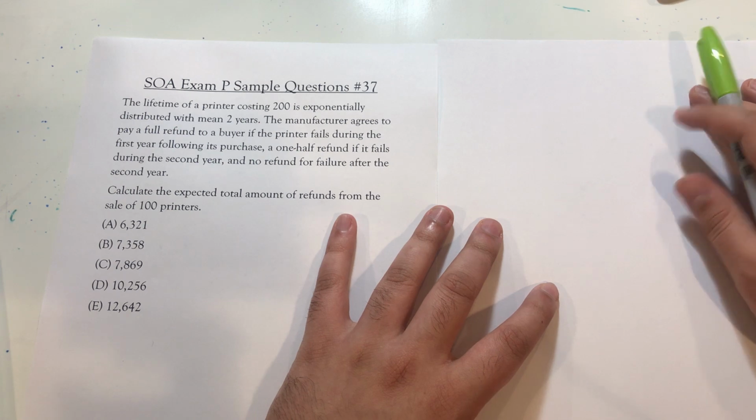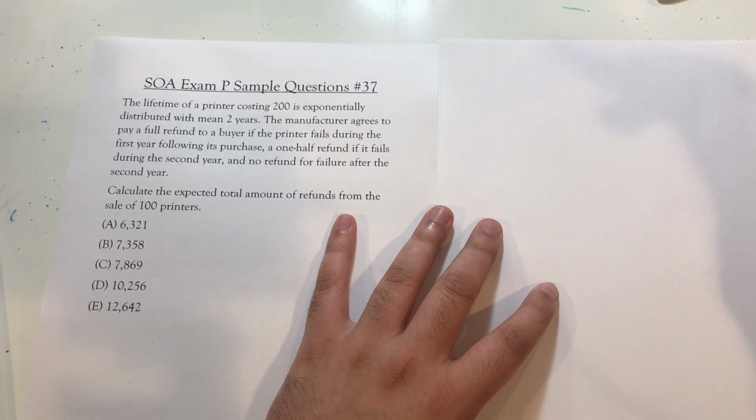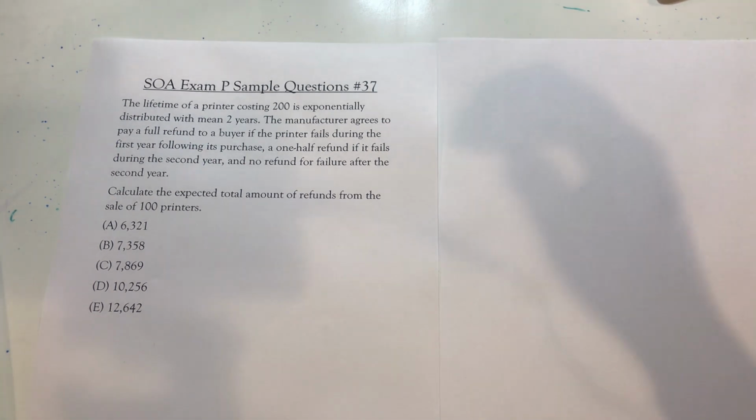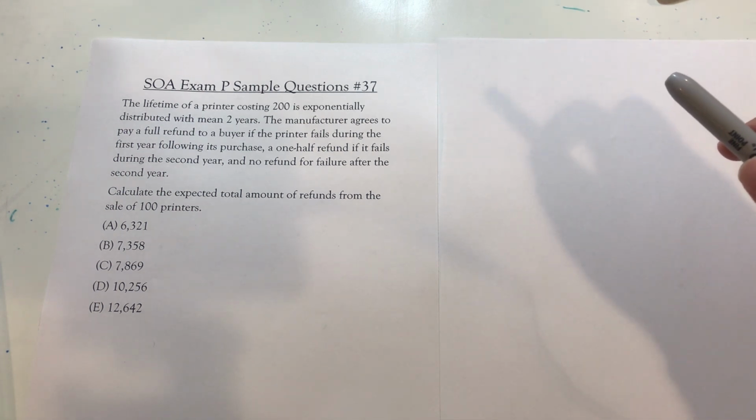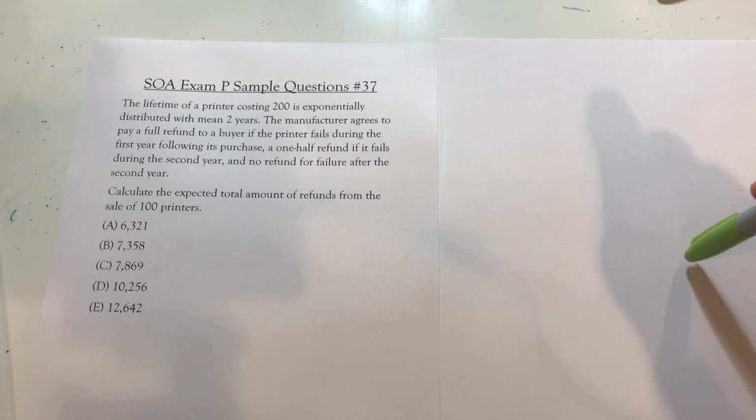The manufacturer agrees to pay a full refund to the buyer if the printer fails during the first year of the purchase, 1/2 the refund if it fails during the second year, and no refund for failure after the second year. We're asked to calculate the expected total amount of refunds from the sale of 100 different printers.